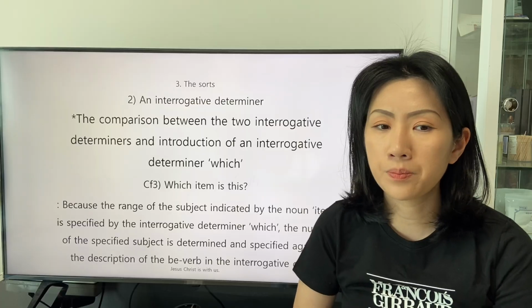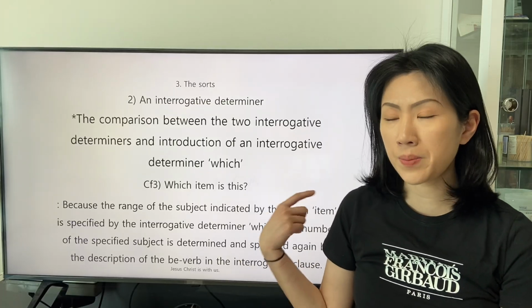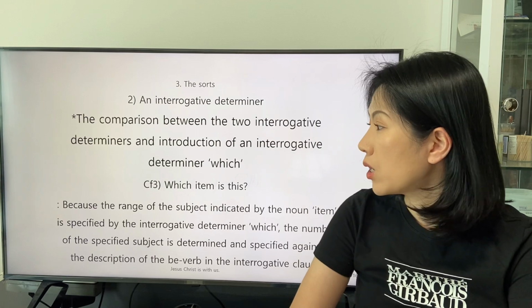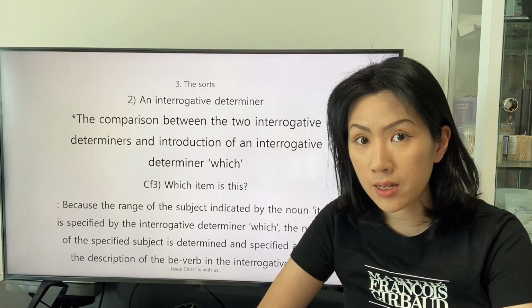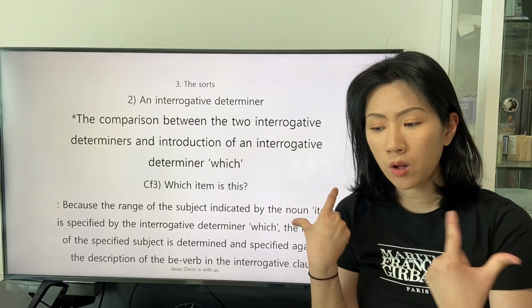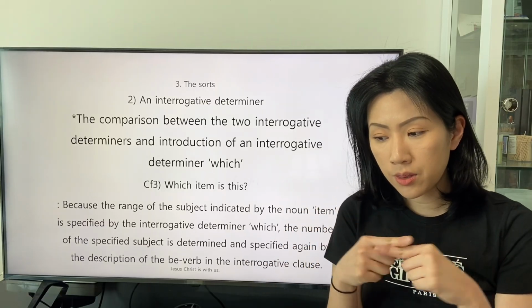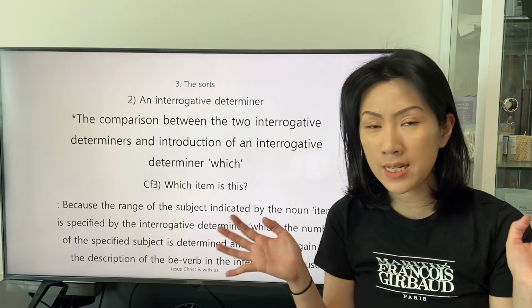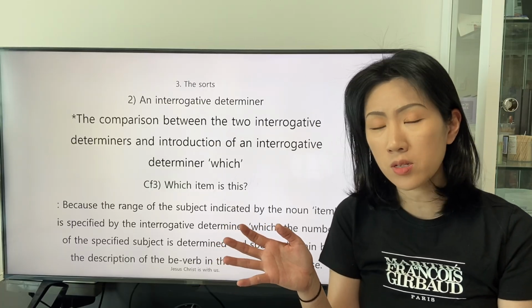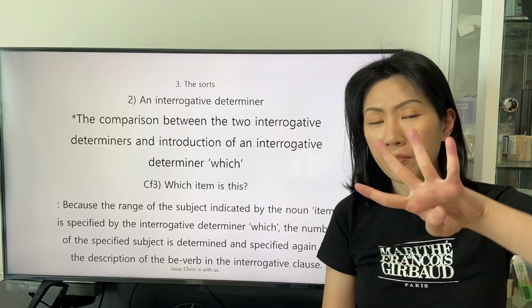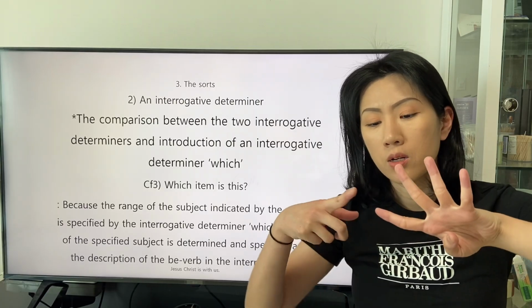For example, if a speaker asks a question like this, which season do you like? Then the speaker applies the interrogative determiner which because the number of the season is approximately limited to the number of 4.